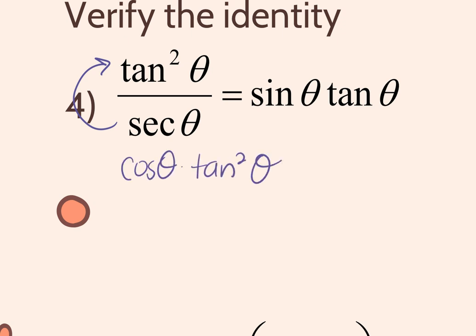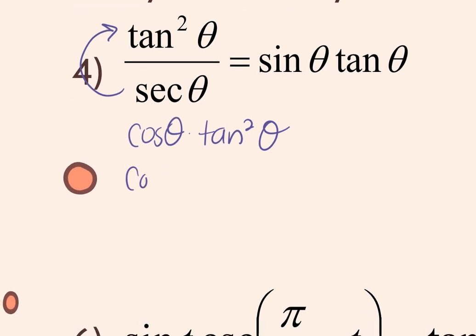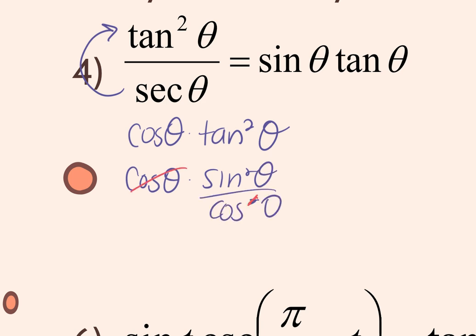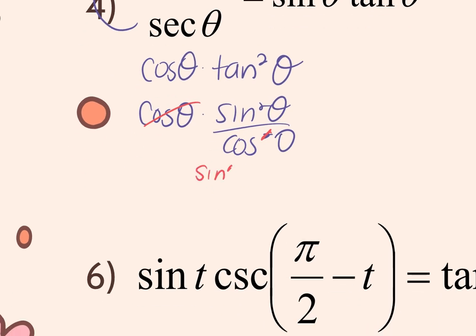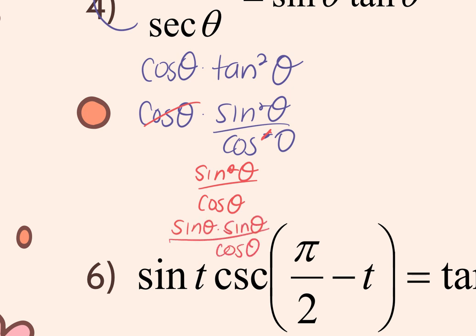And then there's a sine on the other side, which tells me I have to break down that tangent. This becomes cosine squared times sine squared over cosine squared. And then one of the cosines cancels out, and I end up with sine squared over cosine, which is the same thing as sine theta times sine theta over cosine.